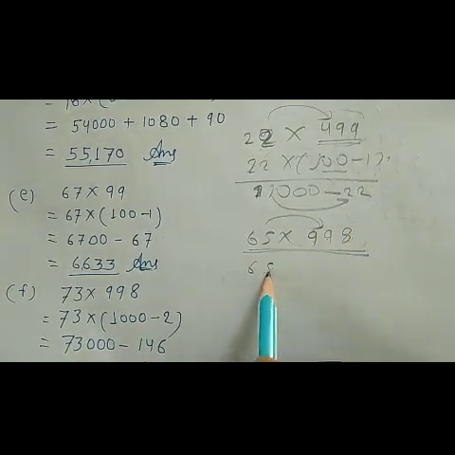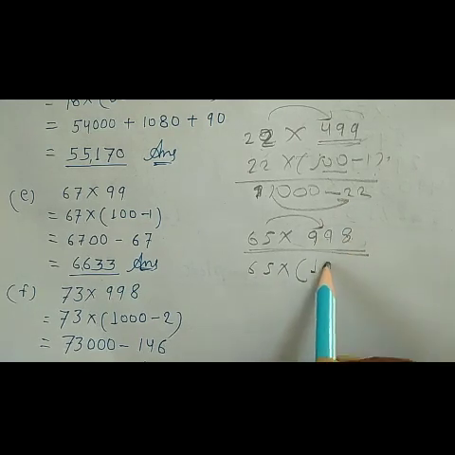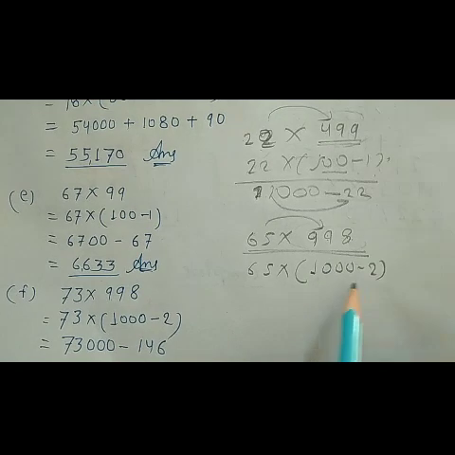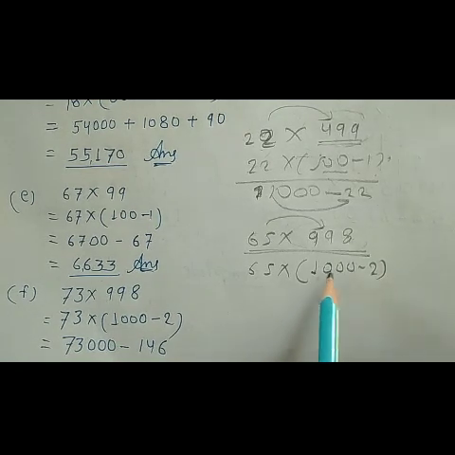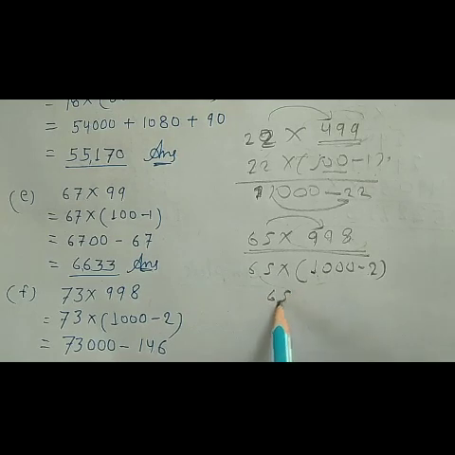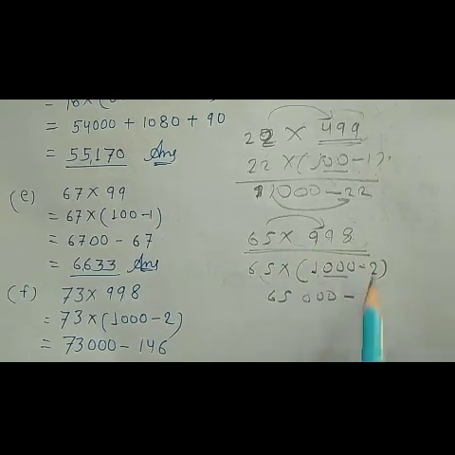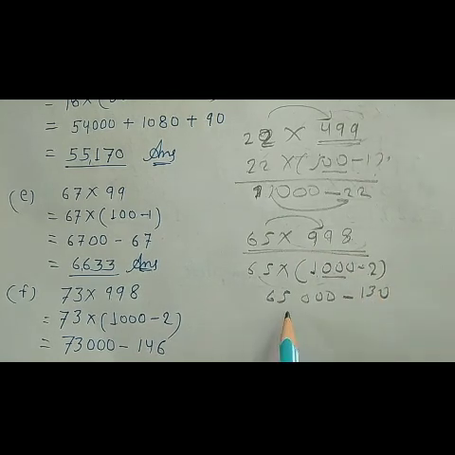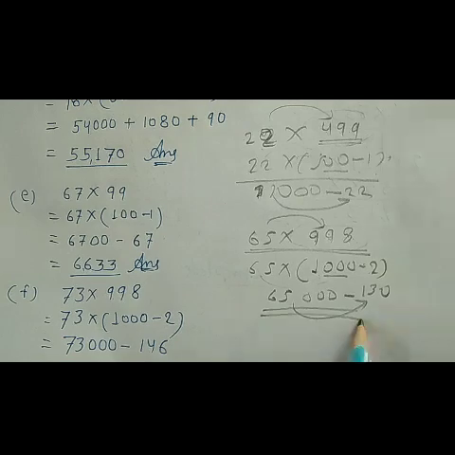We can write 998 as 1000 minus 2. Now we can multiply simply 65 once is 65, and these two zeros, and minus 65 twice is 130. Now simply subtract 130 from this number, then the product will be there.